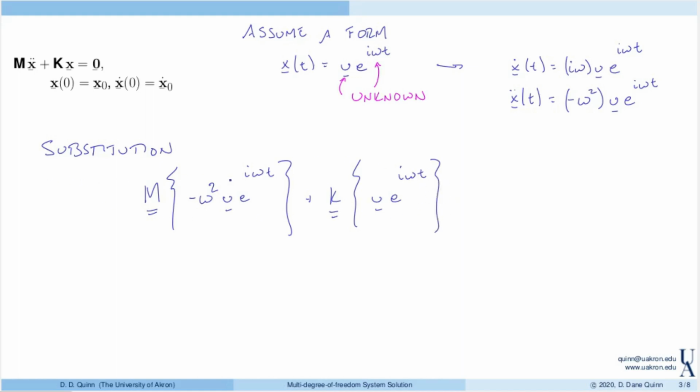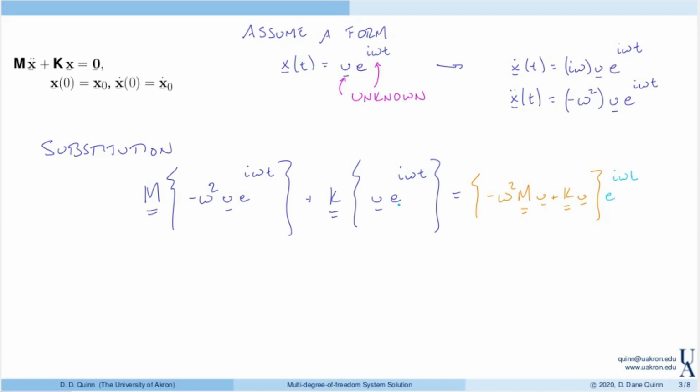And we can simplify this. So here we'll essentially factor out an e to the i omega t from both of these terms. And this leads to minus omega squared times the mass matrix times u plus k times u, times e to the i omega t.